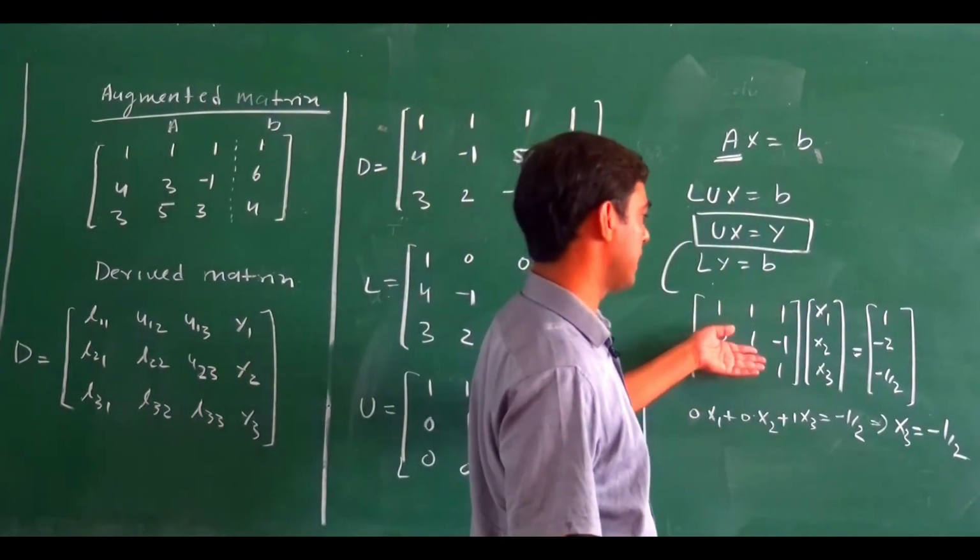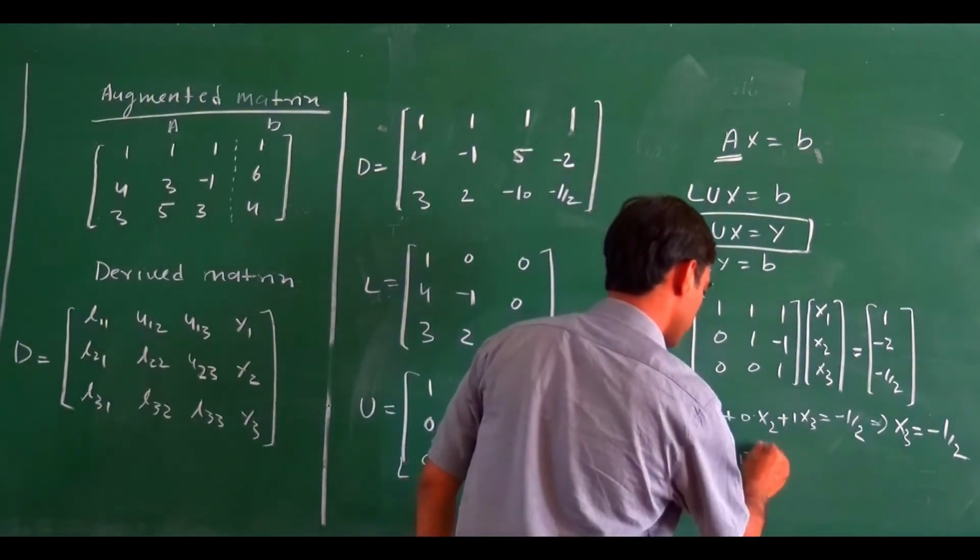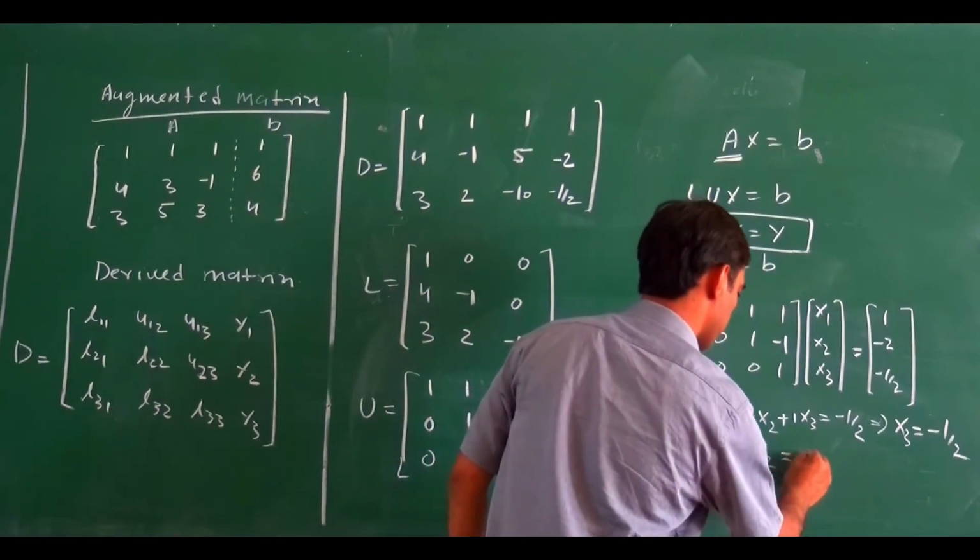If we multiply the second row with this column, then x2 minus x3 equals minus 2.